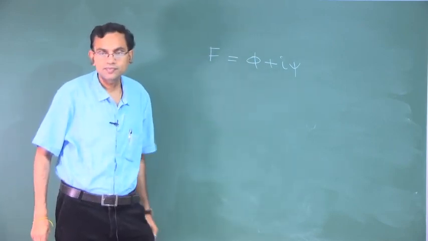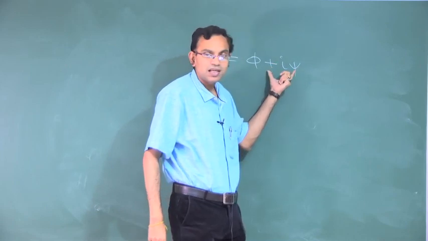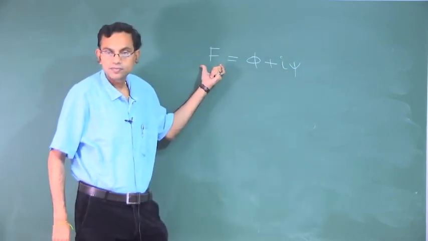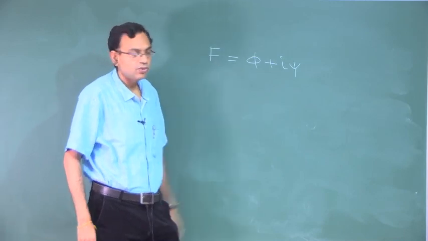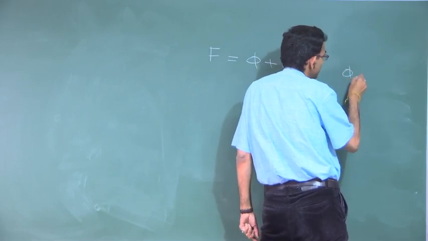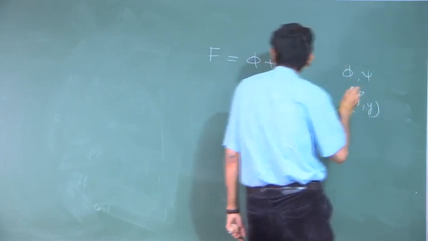What is the advantage? The advantage is that we are treating the velocity potential and stream function together by a single complex variable. That is the advantage of doing this. And this phi and psi are functions of x and y.